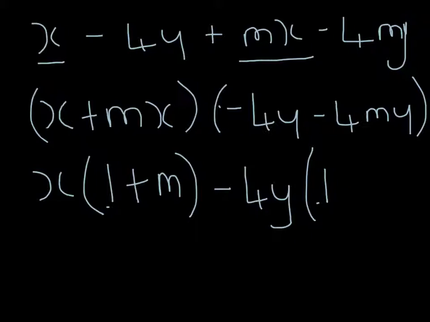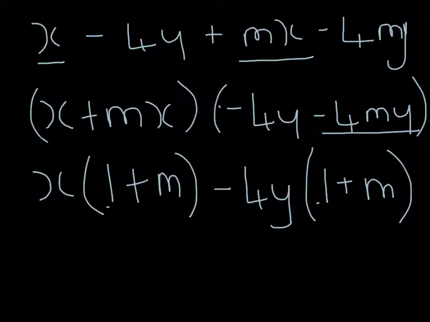Then we've got minus 4my divided by minus 4y. So we've got the minus 4 and the minus 4, and the y and the y, and it only is the m left over. So that's plus m. Look at that. This is my magic. Same factor here. If that's what you end up with, then you've been successful in this.